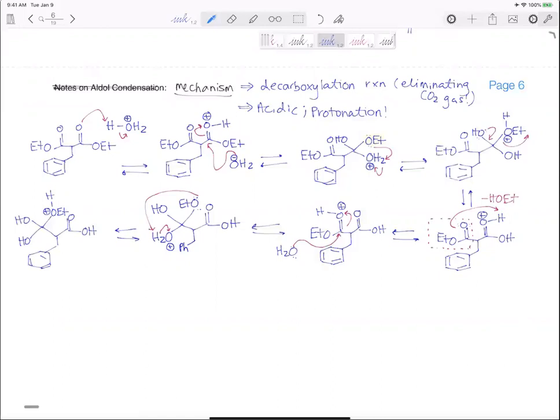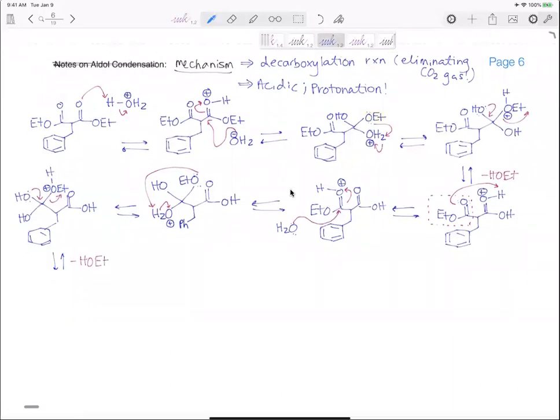Okay. Then the process is going to repeat itself in doing what? Forming the carbonyl double bond right here. Either one, doesn't matter. Kicking off ethanol. So again, bye-bye ethanol. And we have this here.